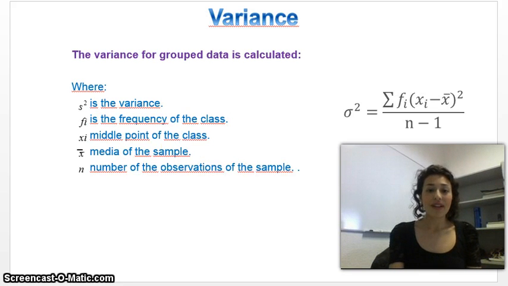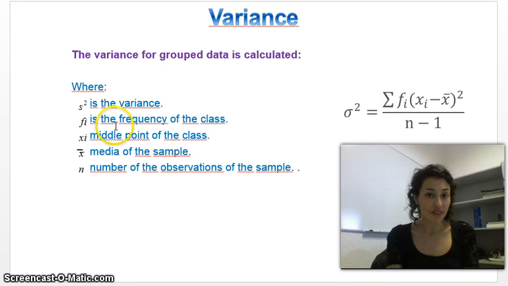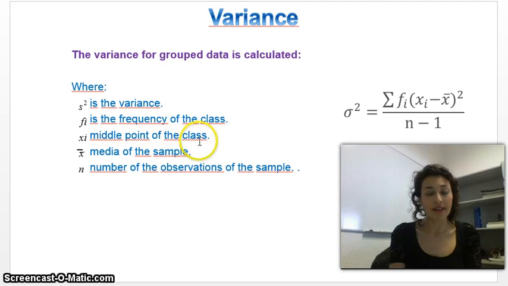Now in this slide, I show you the formula for variance. We have the variance, using this symbol squared, equals the summation. Remember that it's very important, the summation. And f is the frequency of the class, the number of times the data repeat. Here, x sub i is the middle point of the class.